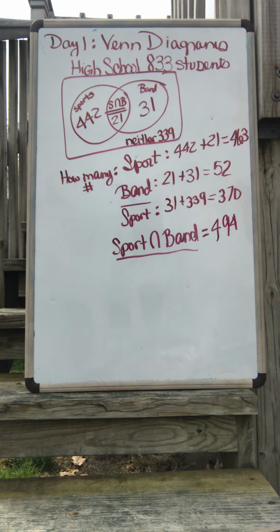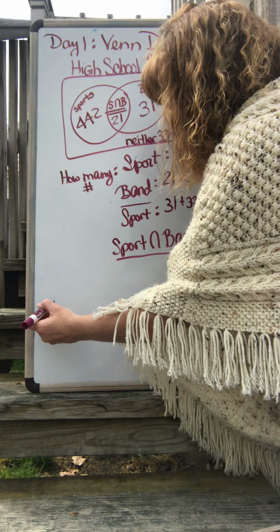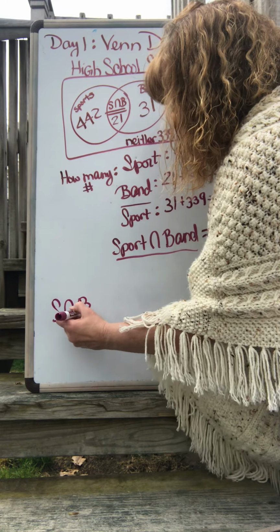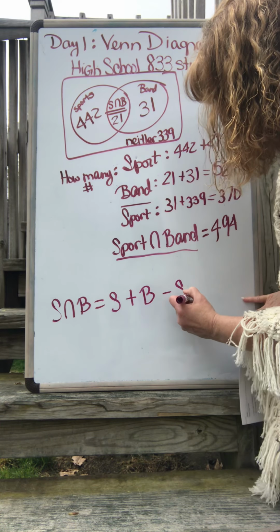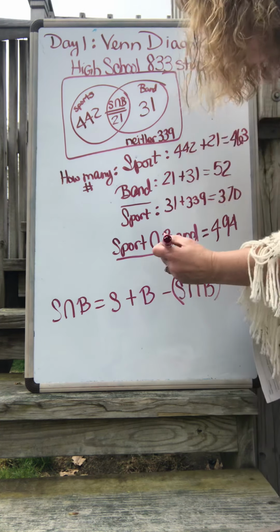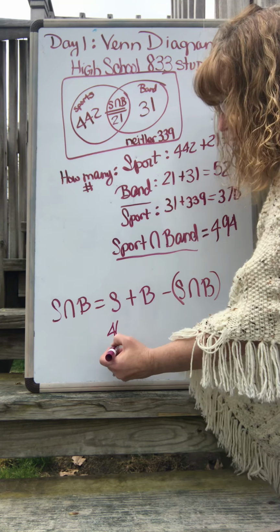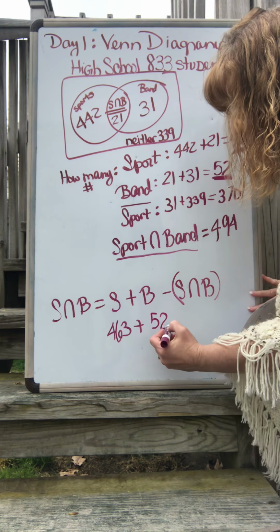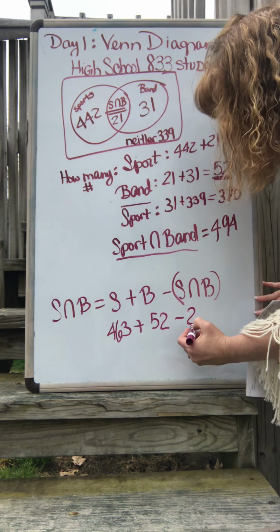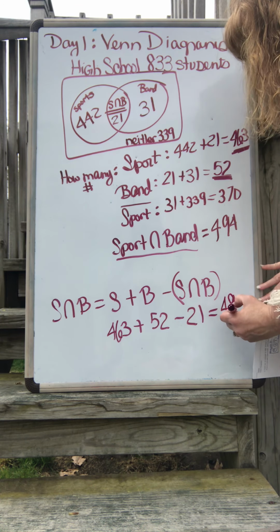Now I could also check this by using the formula for OR, and I can see if I did it right. So if I want sports or the band, this would be sports plus the band minus sports and the band. So now if I took my number of sports, 463, I took my number for the band, 52, and then I subtracted my overlap of 21, and you type that in on your calculator, you still have 494.